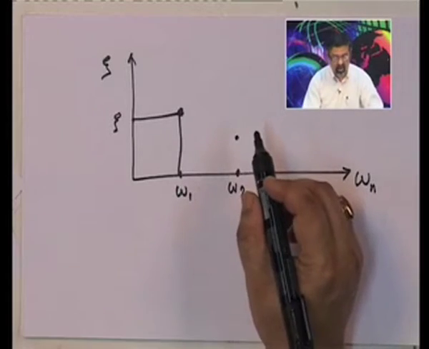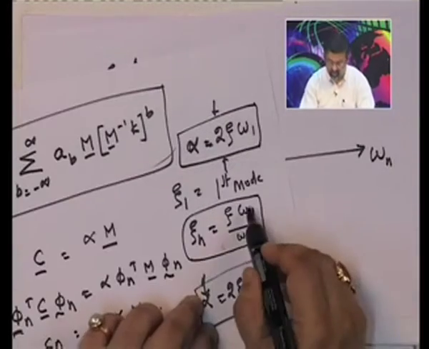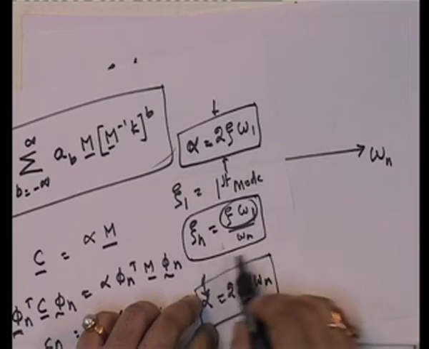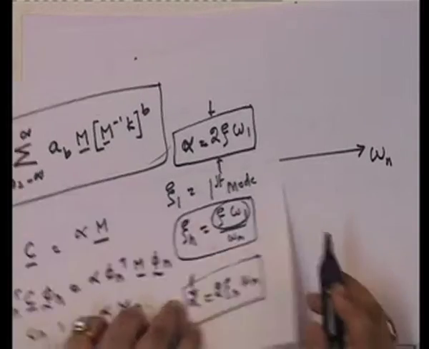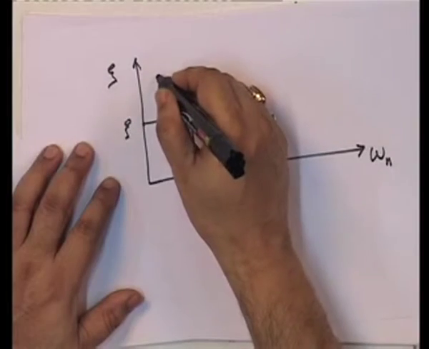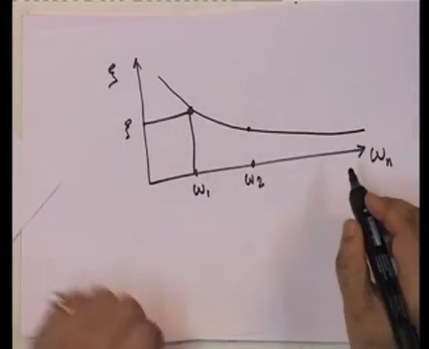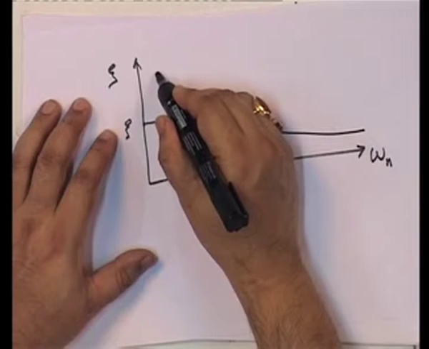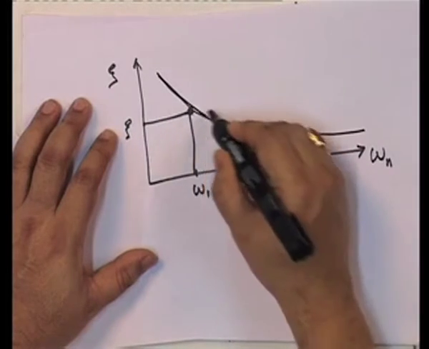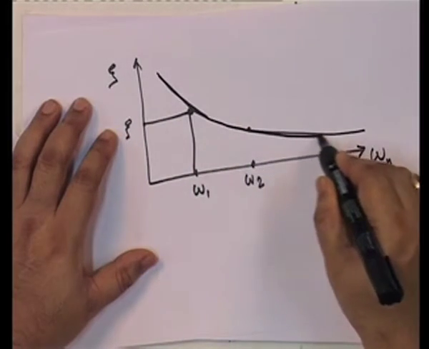This is a constant, so xi n is inversely proportional to omega n, and it will be going like this. It is a hyperbola.